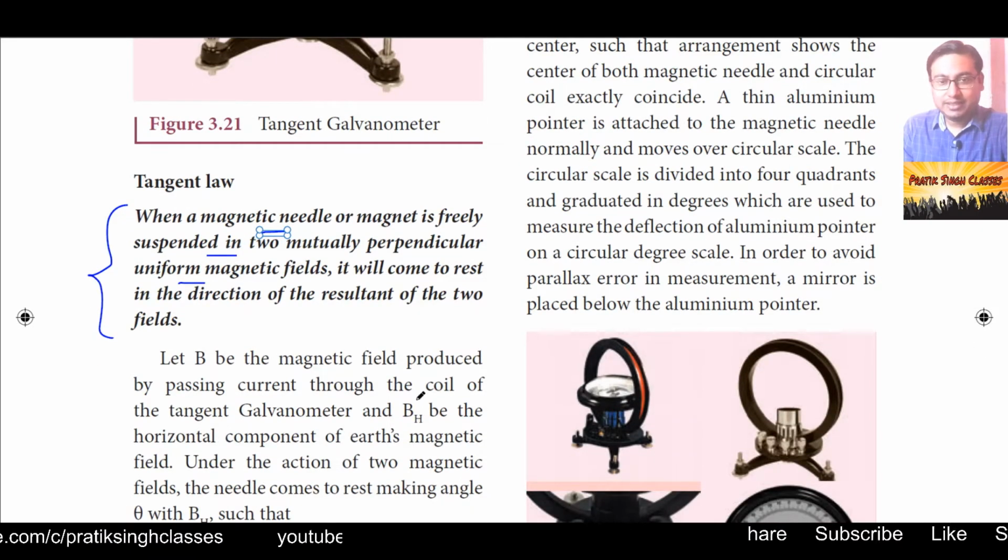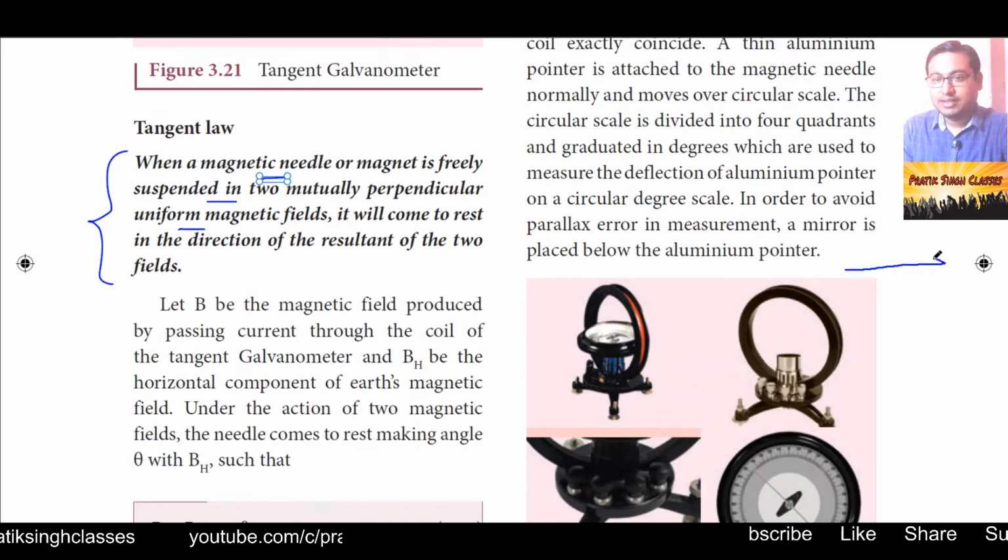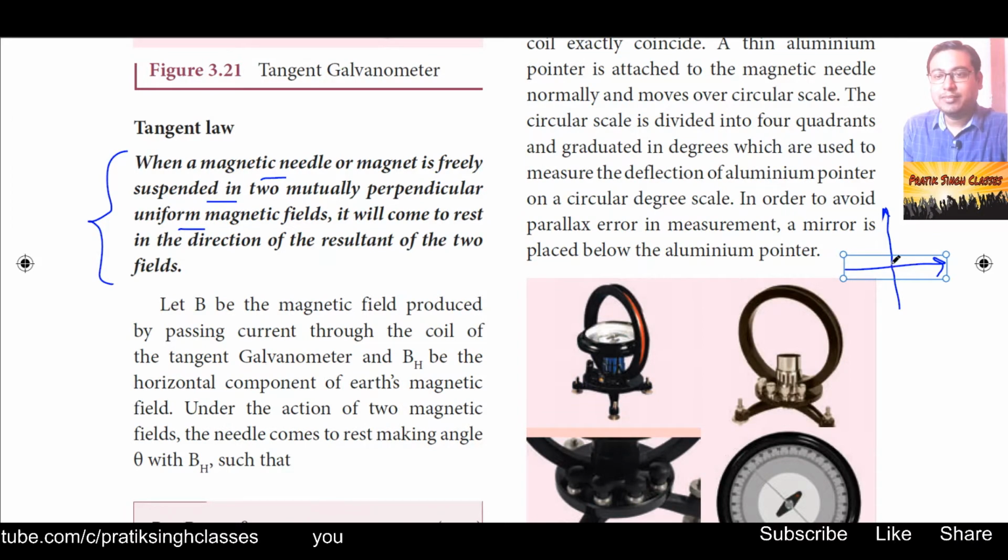Let me draw a figure for you. Suppose this is a magnetic field going from north to south, or left to right, and another magnetic field lies like this one. When we keep a magnet here, let me change the color of the pen for clear visualization.